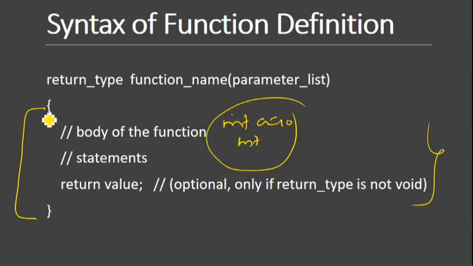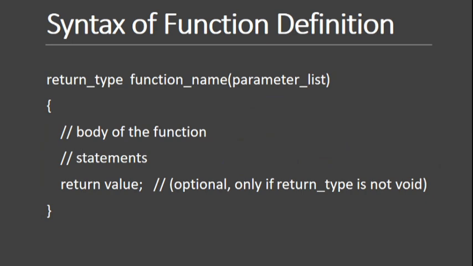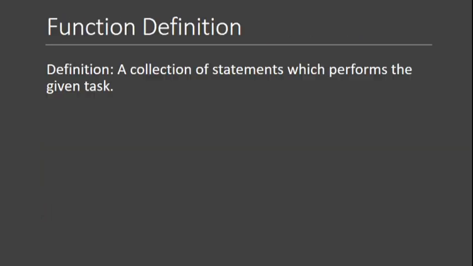Any instruction I can write within the open curly bracket and the close curly bracket. This is nothing but the function definition. Here I may write a program. What is the purpose of this program? Why are you using this function? If this function is to perform addition, I may write c equal to a plus b. If the function is for subtraction, I may write c equal to a minus b. Like that, in this I am going to write some instructions inside the function definition.